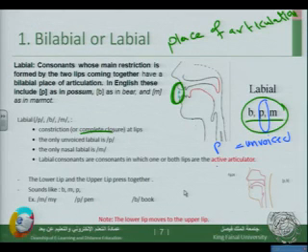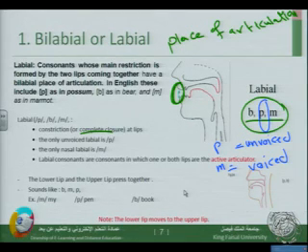P is bilabial and unvoiced, these are two characteristics. Okay. Now M, is there vibration? If yes, then it is voiced. And B, B, B. So B is voiced. Okay, so as you can see right here, some of these are voiced, some of them are unvoiced.